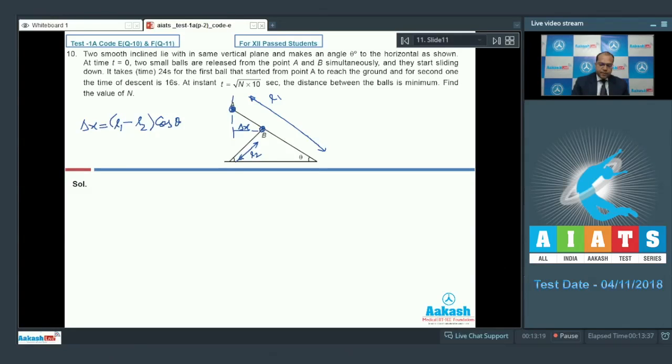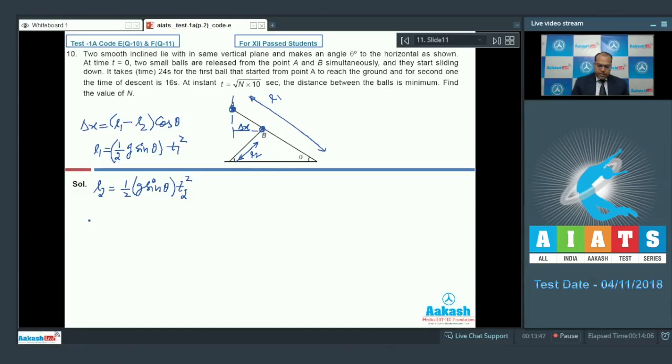The value of L1 is half into g sin theta into T1 square, where the first time, 24 seconds, I am considering as T1, and L2 is equal to half into g sin theta into T2 square, where T2 is 16.